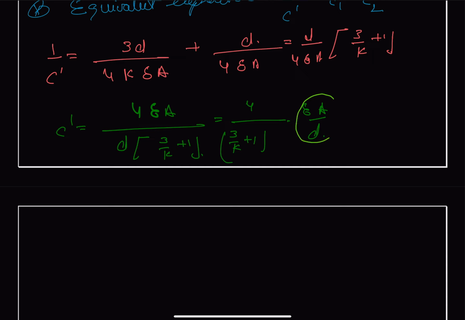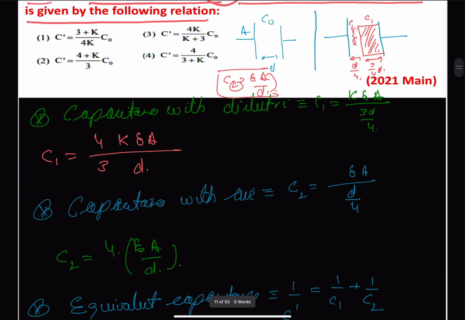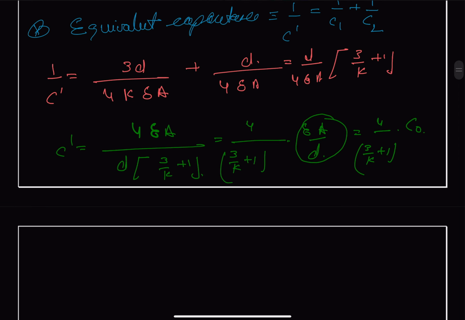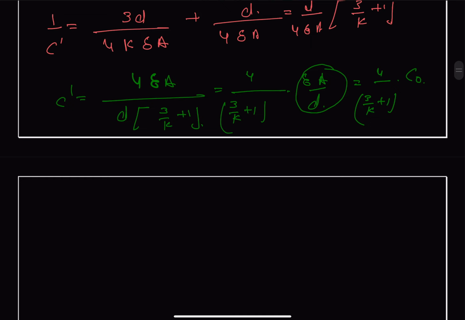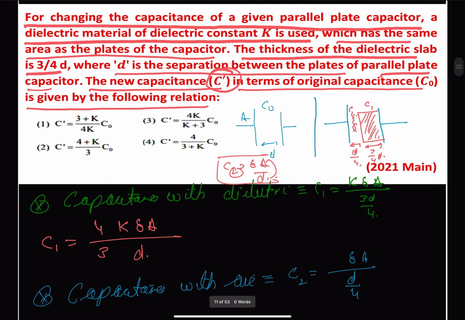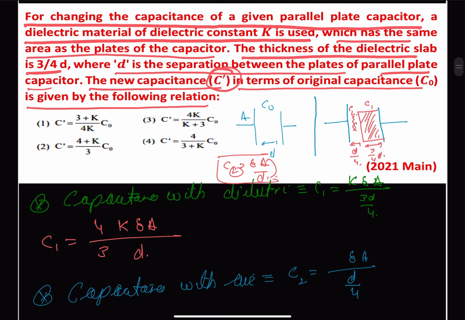Taking K as LCM, we get C prime equal to 4K upon K plus 3 times C naught. So option 3 is correct.